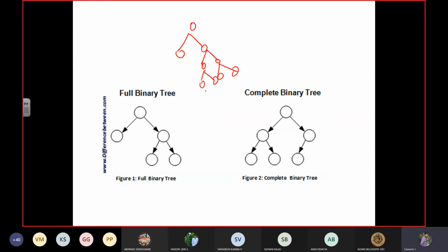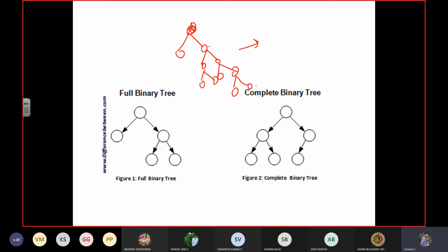Can I call this a full binary tree? Yes, sir. But I should not call this a complete binary tree because it is not completely filled. Completely filled means it has to be arranged as far left as possible.